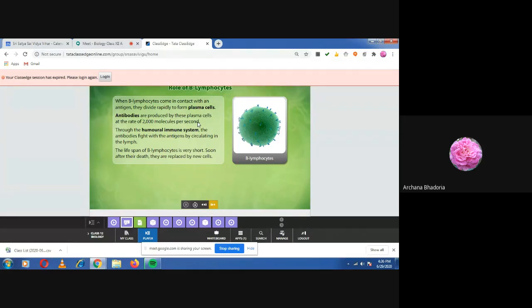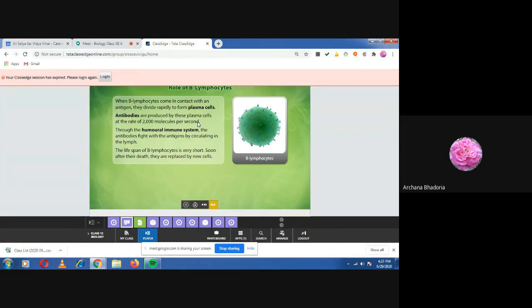Plasma cells. हाँ. Are you understanding what we are discussing?